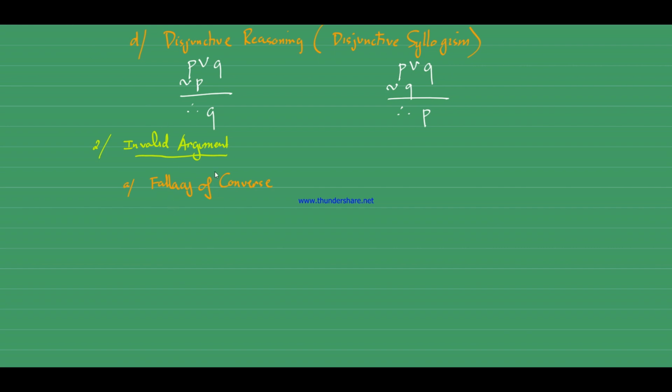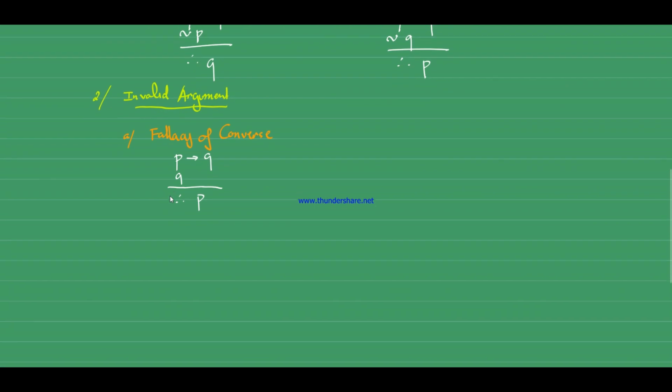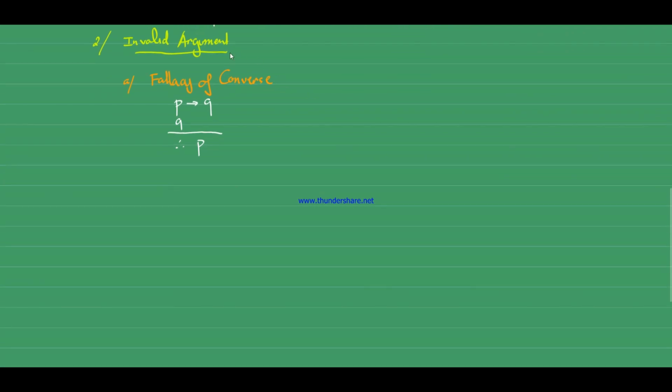If you have P imply Q, and the second premise is Q, therefore you have the first premise, P. Okay, so this is the fallacy. This argument over here is not valid. Another invalid argument is called the fallacy of the inverse.